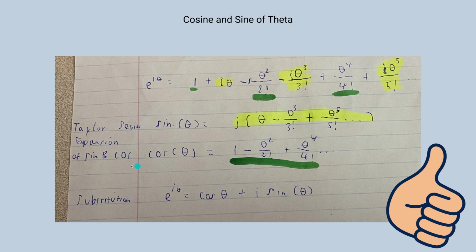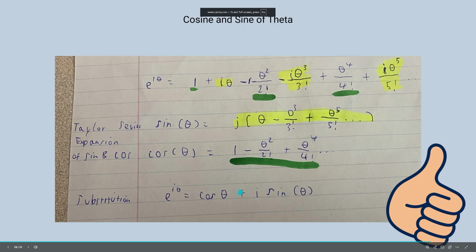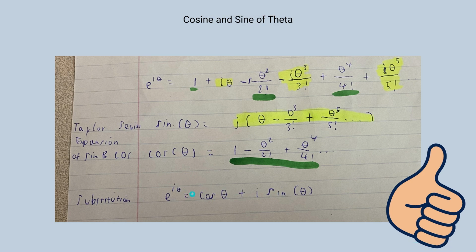By applying substitution, we find that e to the i theta is equal to the cosine of theta plus i times sine theta, which is known as Euler's formula. So that's where Euler's formula comes from. Using the Taylor series expansion to break this down, you take out the i terms, and the rest is equal to cosine. All the i terms are equal to sine, which added together give you this whole thing.